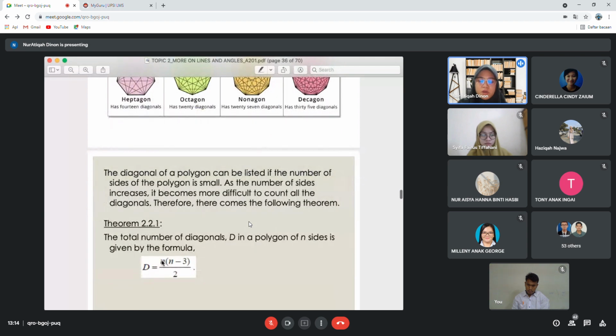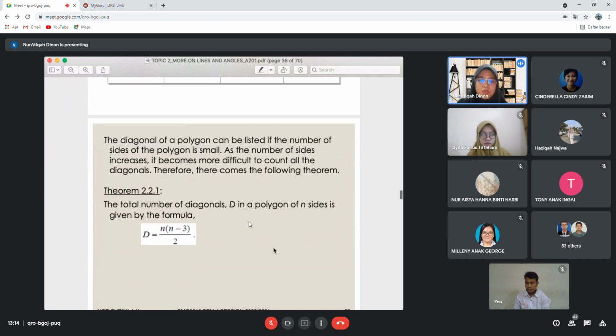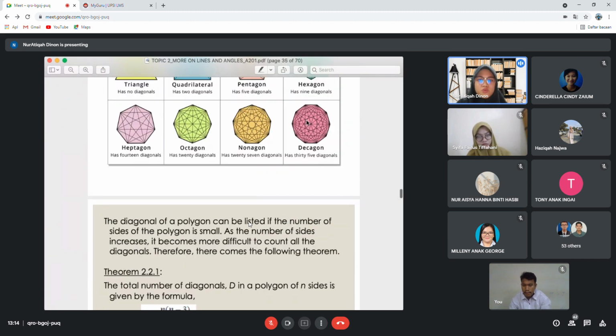We put the value 10 in n, and then we get D equal to 35. You can use this formula to calculate the number of diagonals rather than drawing them. If you draw like this, it will be hard to count the diagonals. You can try halfway, but towards the end you're gonna lose track of the lines.